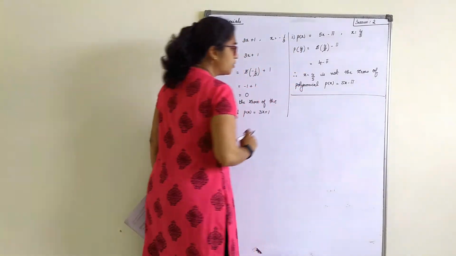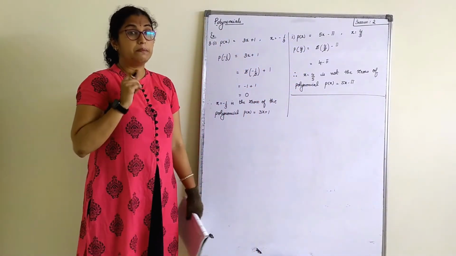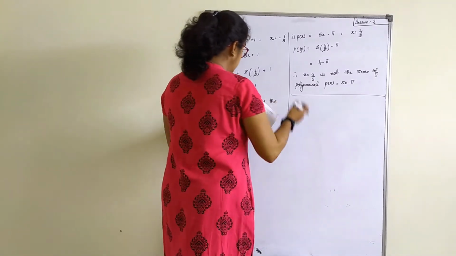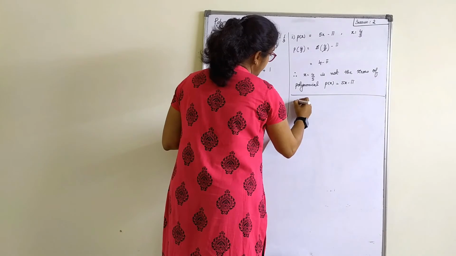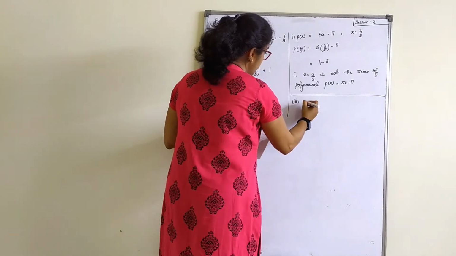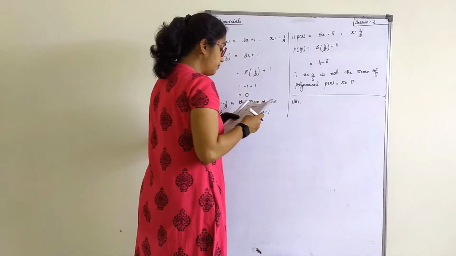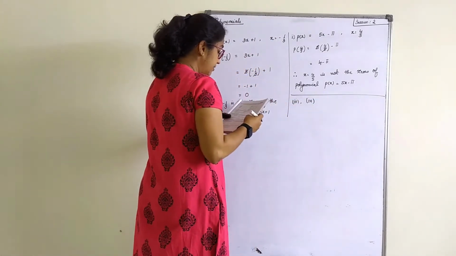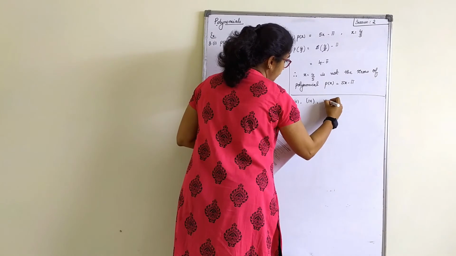We have solved the first one and second one. Now I'll just write the homework sums here which you have to do. Please mark the homework sums very clearly. Third one is for homework. Then fourth one is for homework. Then eighth one is for homework.